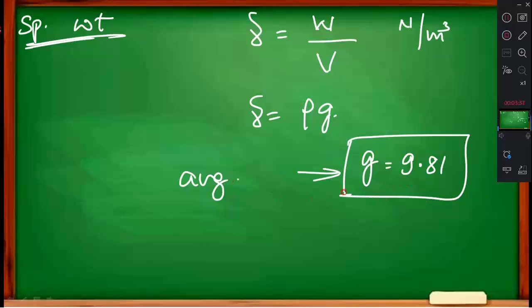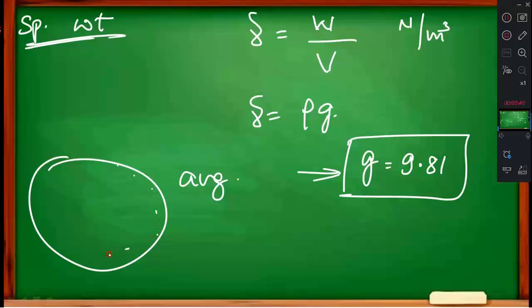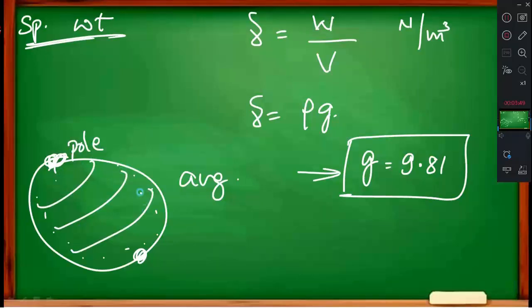But acceleration due to gravity on the earth may vary from point to point. These are the poles of earth, this is your longitudinal, latitudinal. This is a pole. G at pole you may have 9.83.